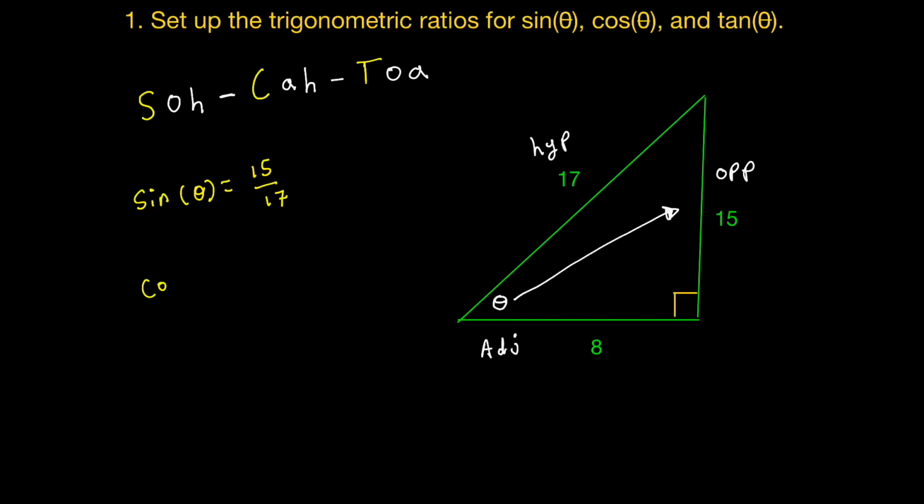So cosine of theta is going to be the ratio of the adjacent side divided by the hypotenuse. That is 8 divided by 17. And finally, I'm going to get tangent. So tangent of theta, by definition, is the ratio of opposite over adjacent. That is 15 divided by 8.